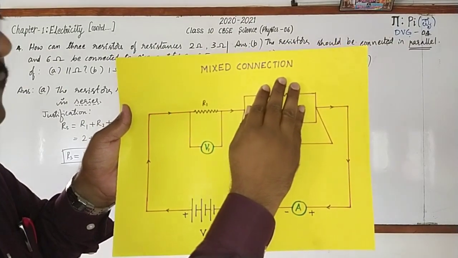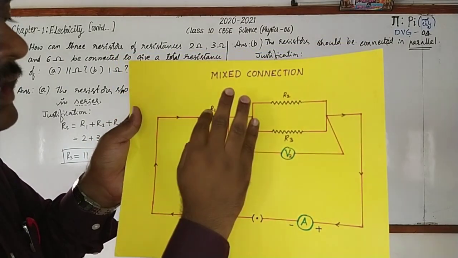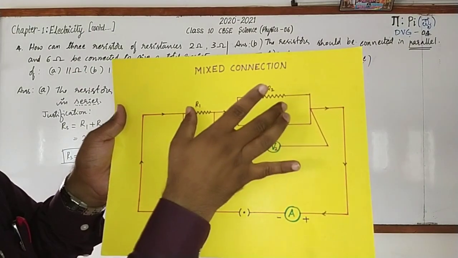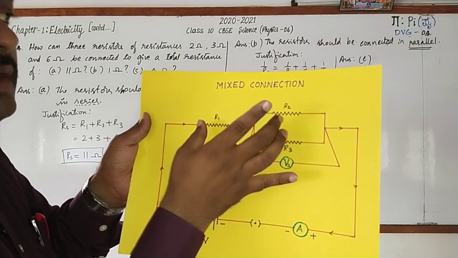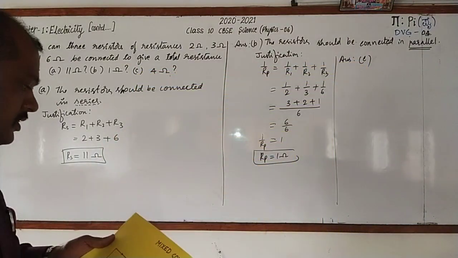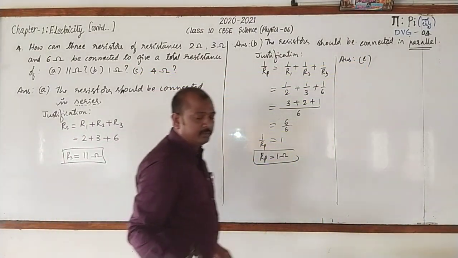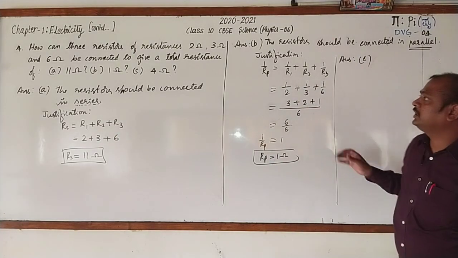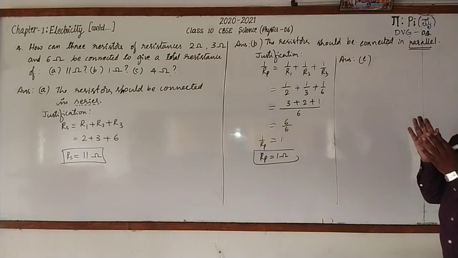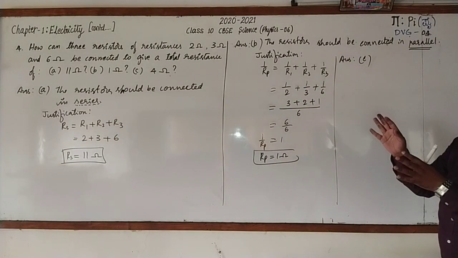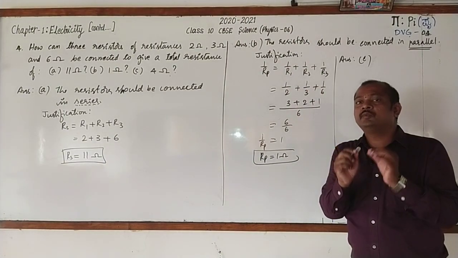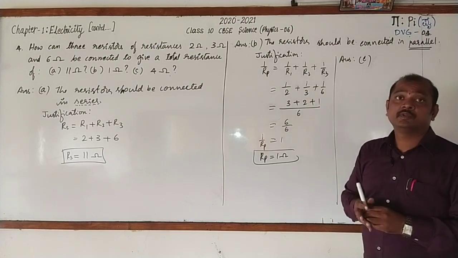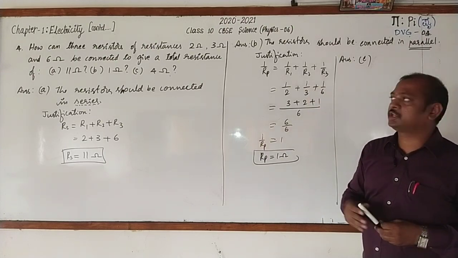Clear? Then this resistor and R1, how these are connected? Series. Got it? Series and parallel. It is a mixed combination or mixed connection. So here, if you want to get the value, it is neither highest nor lowest, in between. Hence, we can go for connecting them in the mixed connection.